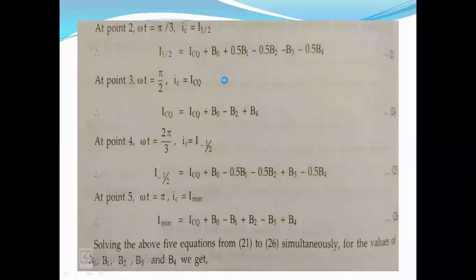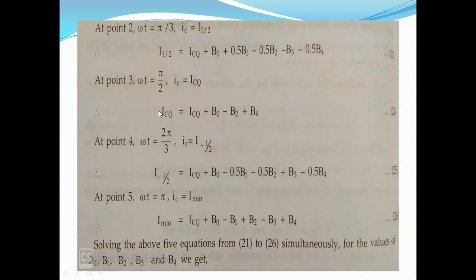Cos pi by 2 is cos 90, which is 0, so this term becomes 0, plus B2 into cos 2 into 90, cos 180, that is minus 1, minus B2, plus B3 into cos 3 into 90, that term becomes 0, and B4 into cos 4 omega t, so plus B4. Consider this one as the third equation.